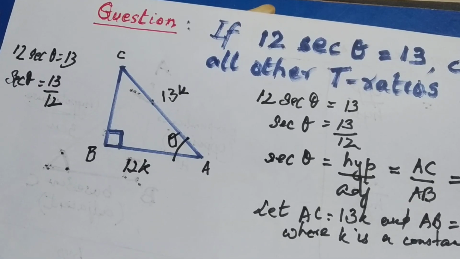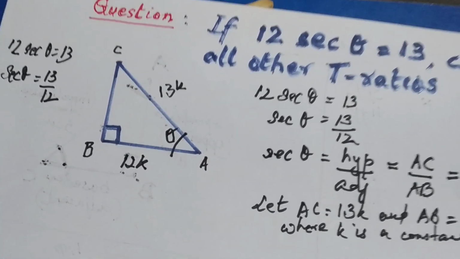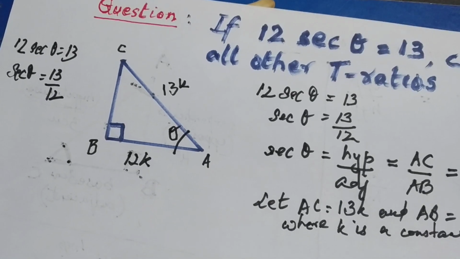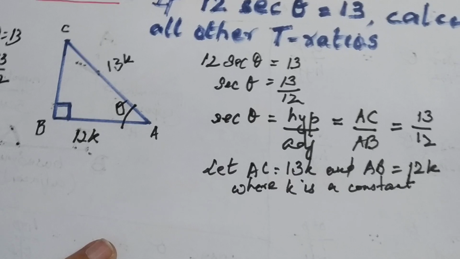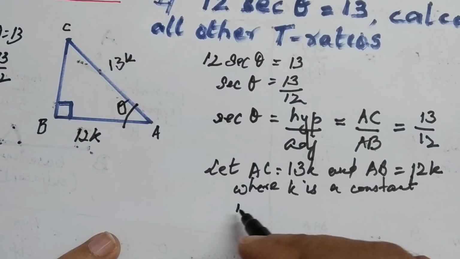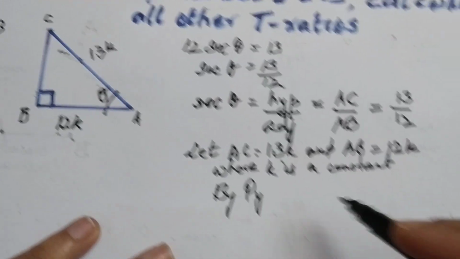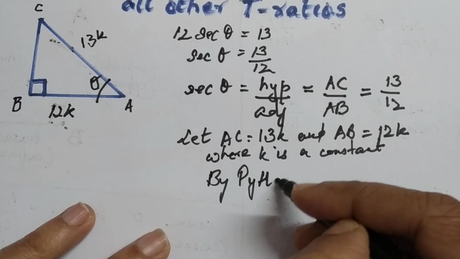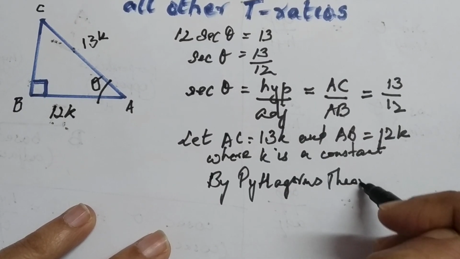Okay, so now what we have to do is find out the missing side. Two sides are given, we need to find out the missing side. So here we will have to use the Pythagoras theorem. By Pythagoras theorem, what does it say?